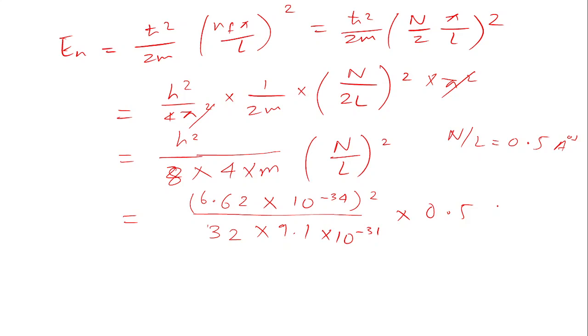But this is per angstrom, so I need to change it into meter: 10 to the power minus 10. Then this answer will be 2.35. We need to change it into electron volt, because the answer is in electron volt. That means I need to divide all this by 1.6 times 10 to the power minus 19. The answer will be 2.35 electron volt.